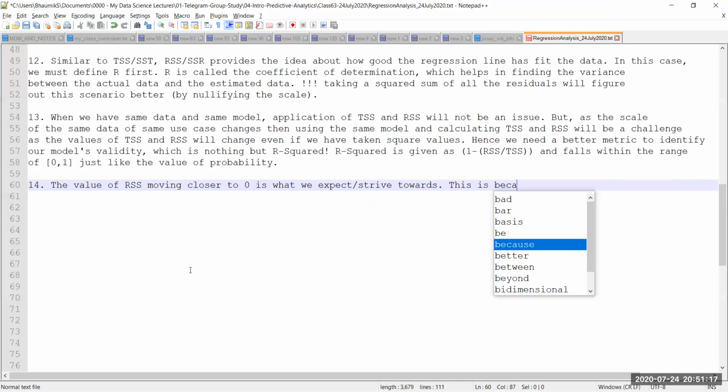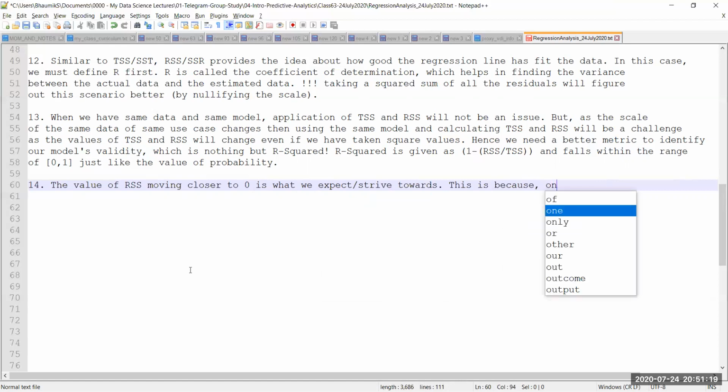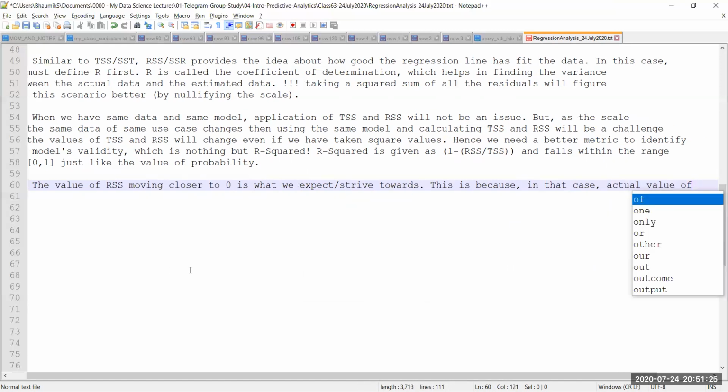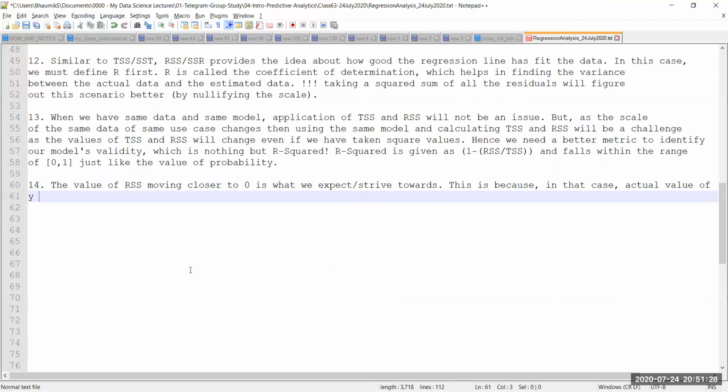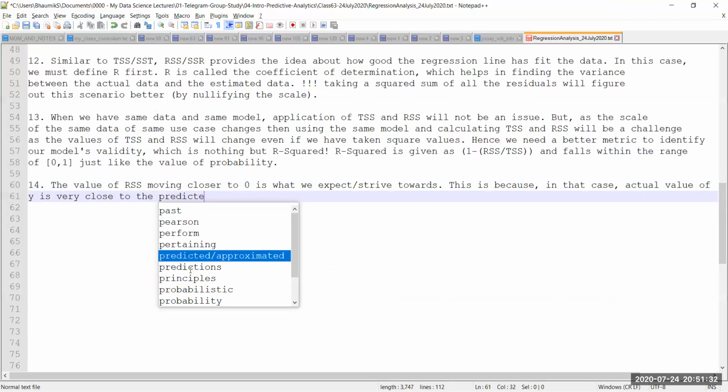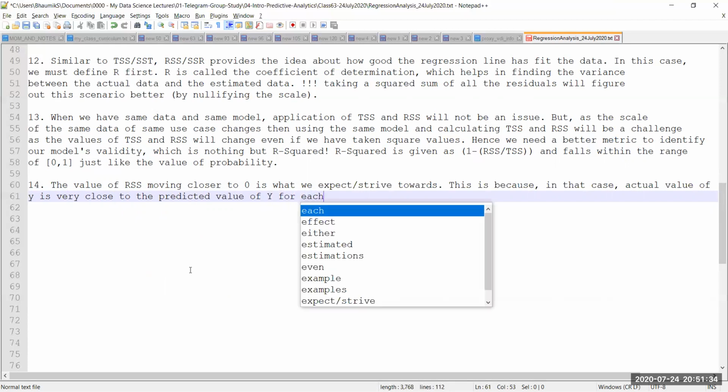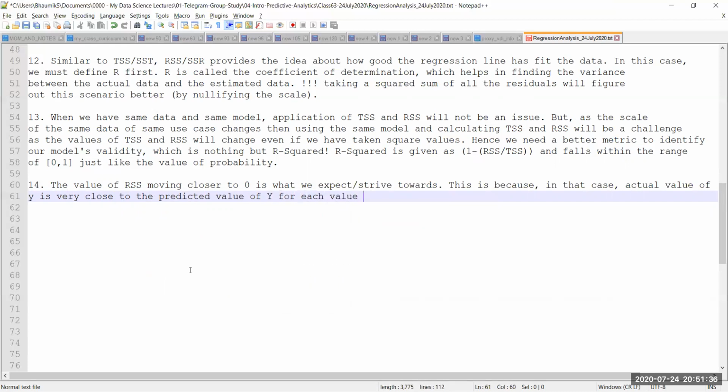This is because in that case, yi, the actual value of y, is very close to the predicted value of y for each value of x.